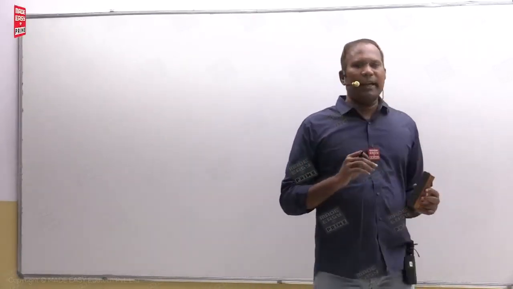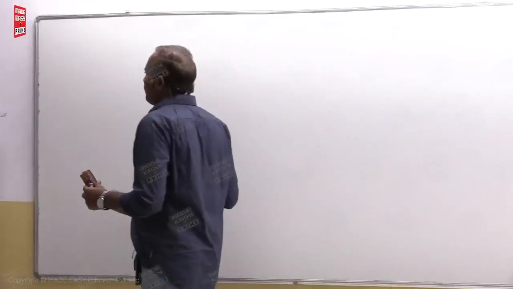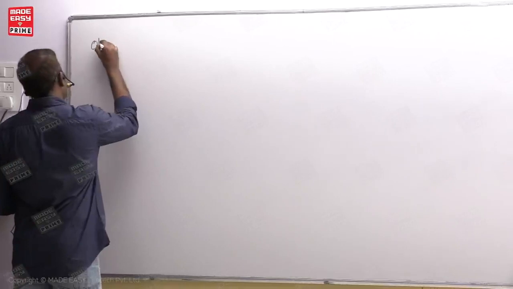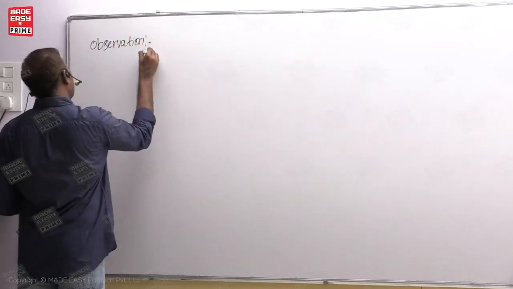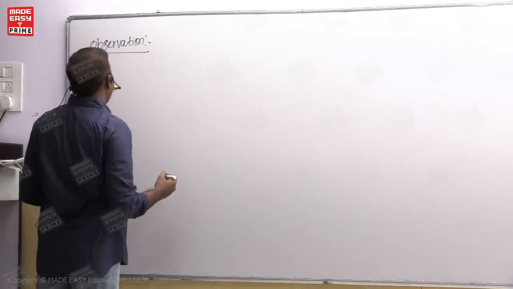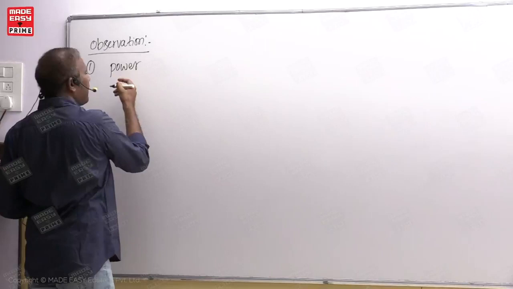Now before that, let us write formulas for average power carried by the rectangular waveguide. So observation, I am writing general formulas. Observation, first one: power, that means average power, students.